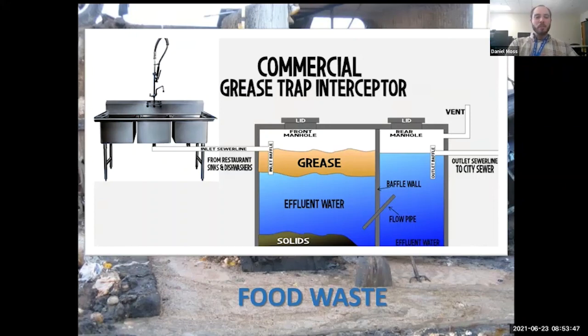But there's also a lot of pretreatment related to stormwater in relation to food facilities, like mat washing and keeping polluted surface water out of the storm drain.